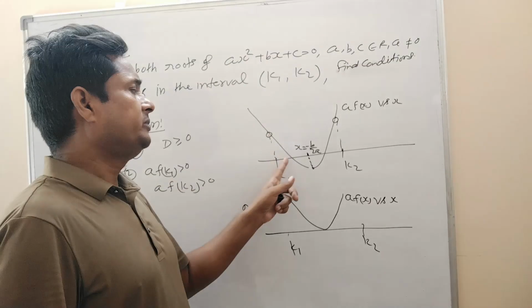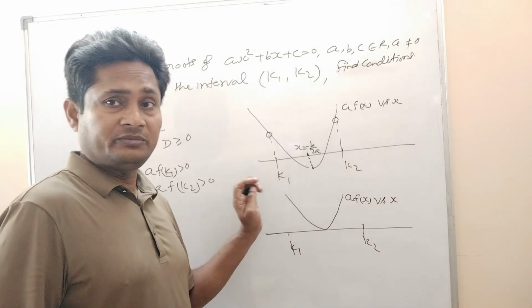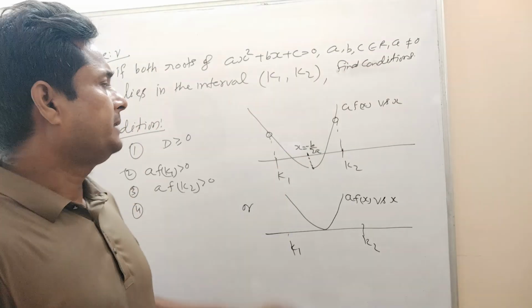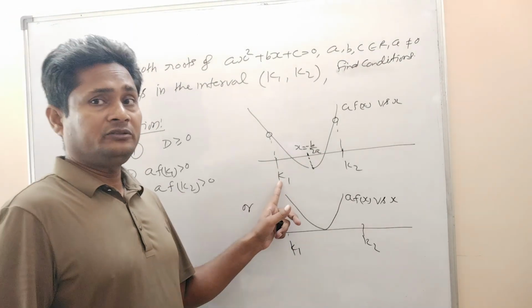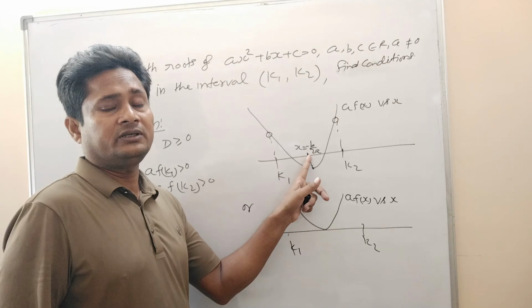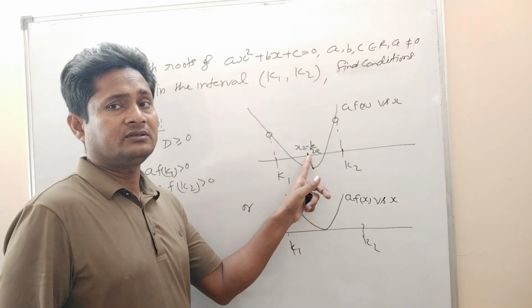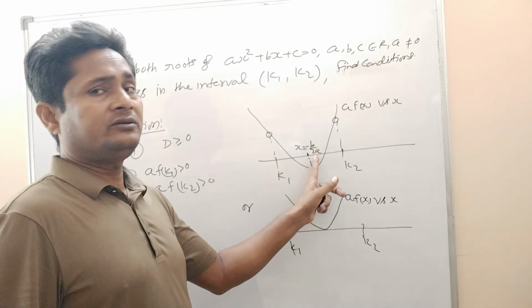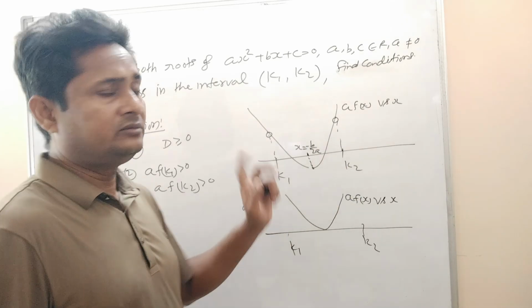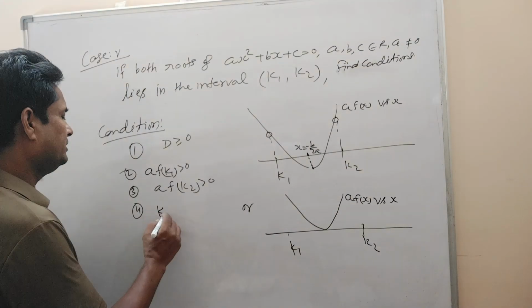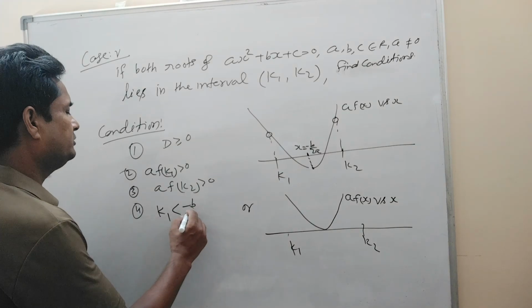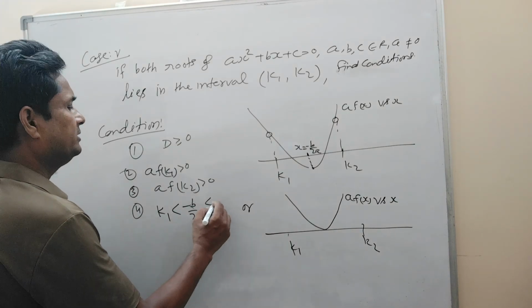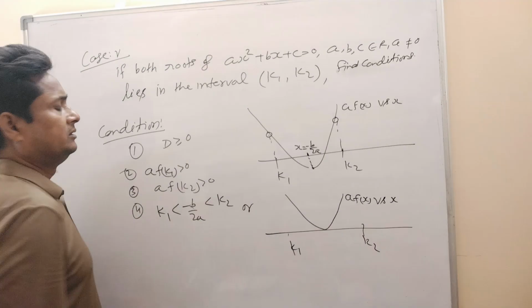Then only the two real roots lie between K1 and K2. That means K1 must be less than minus b by twice a, and minus b by twice a must be less than K2. So the fourth condition is: K1 is less than minus b by twice a, which is less than K2.